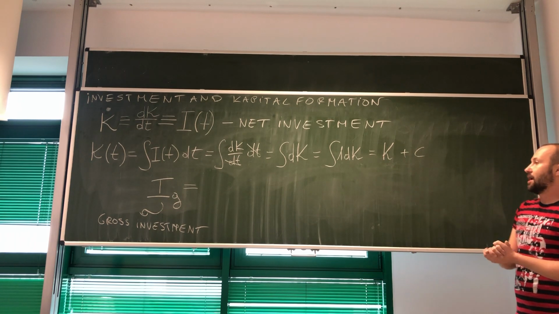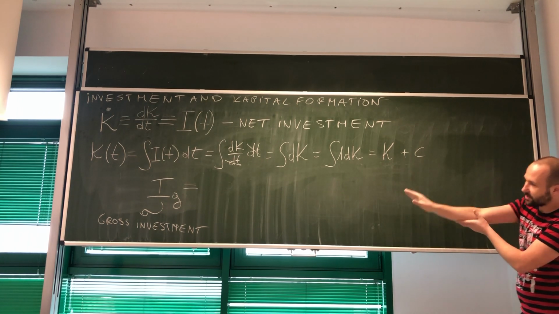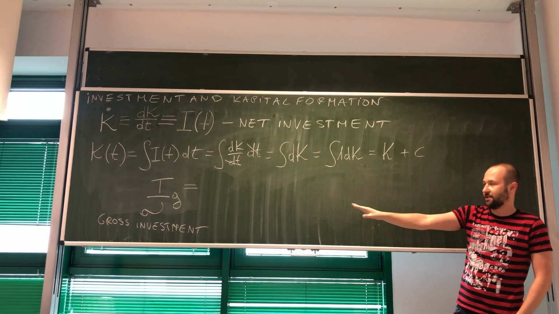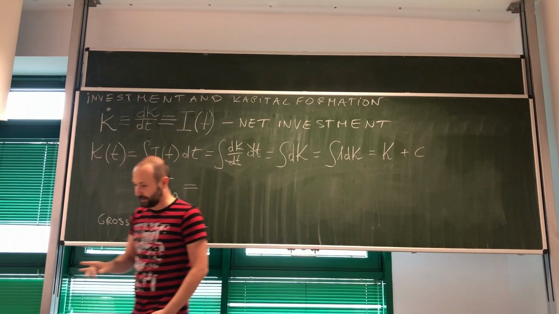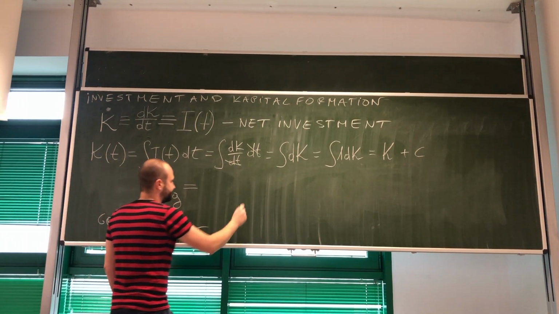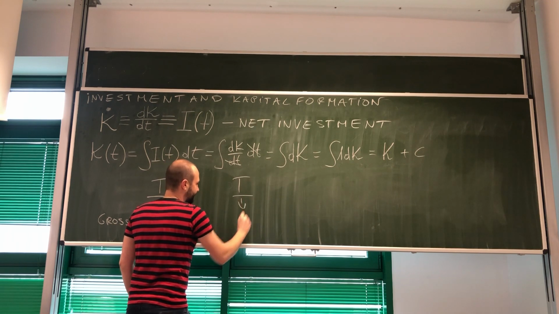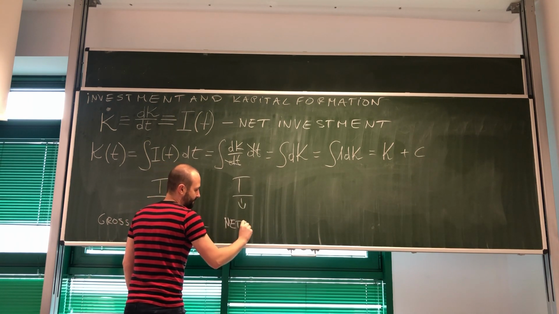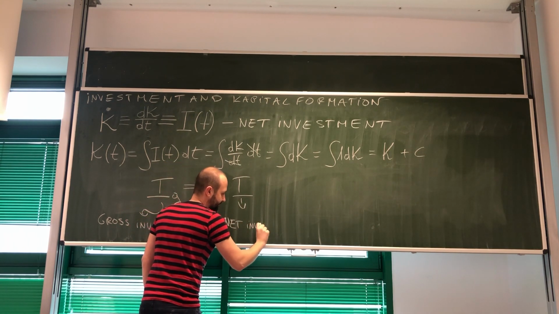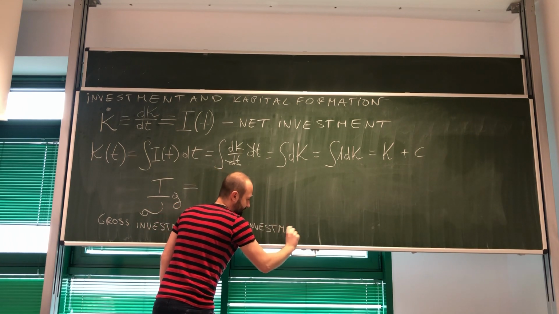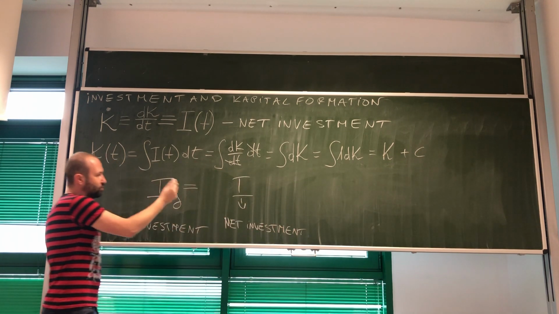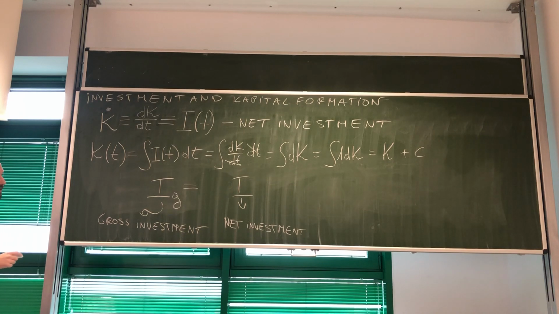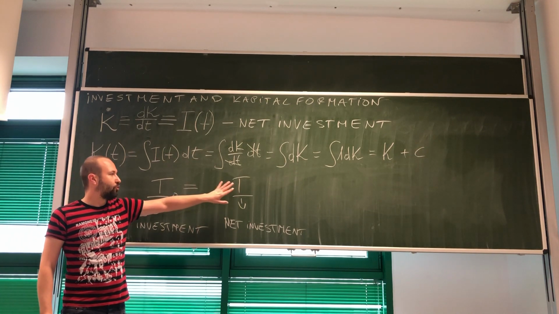Okay, so we see the gross investment, the total investment, can be divided into two parts. The first part is net investment. So you can say that those are the new trucks we are buying.